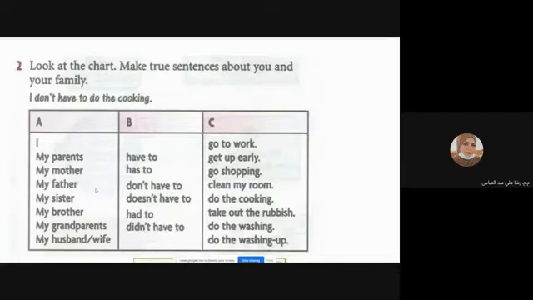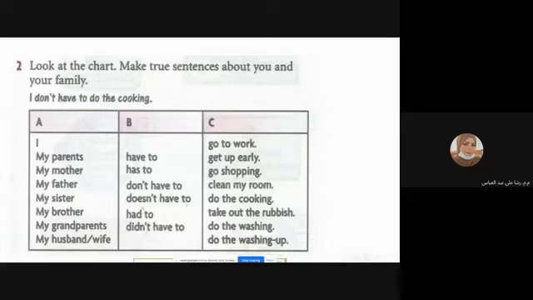In negative, I want to negate have to and has to, which I use in the present. We use don't have to and doesn't have to. Don't have to negates have to, and doesn't have to is used to negate has to.